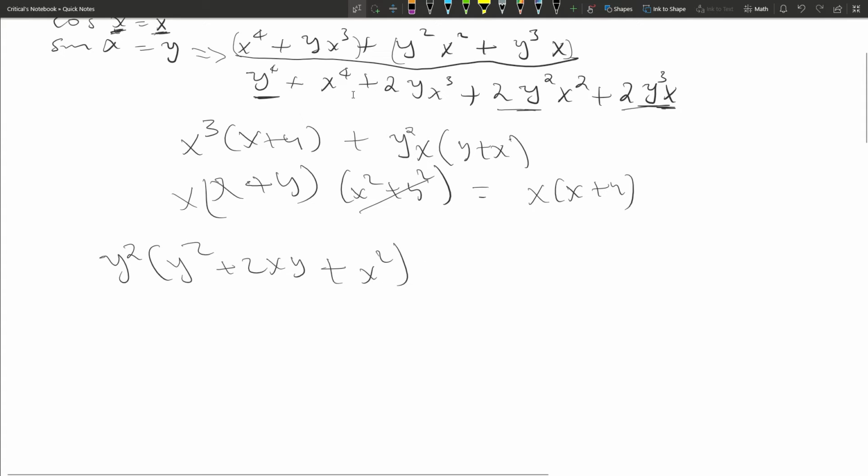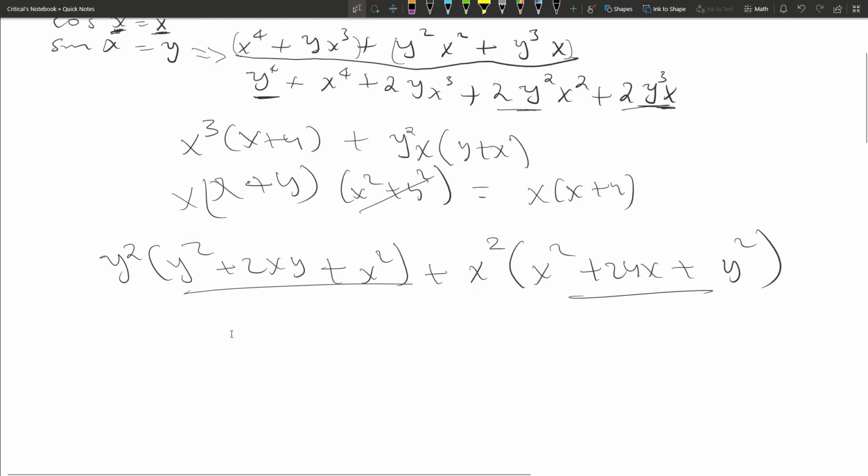And then when I do the ones I didn't underline, I'll factor out an x squared again, and then I'll be left with x squared plus 2yx plus y squared, and then these two are the same, so that means I can factor these terms.